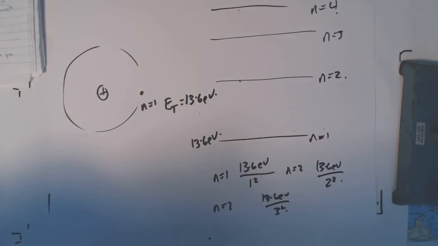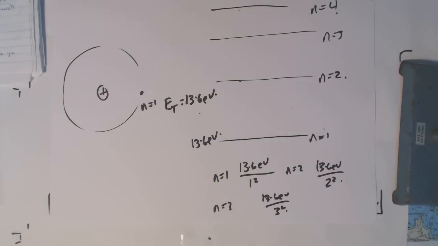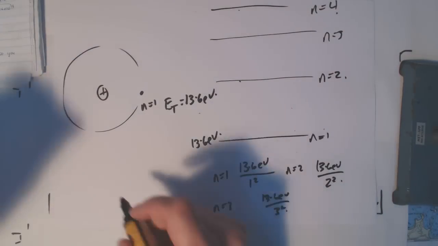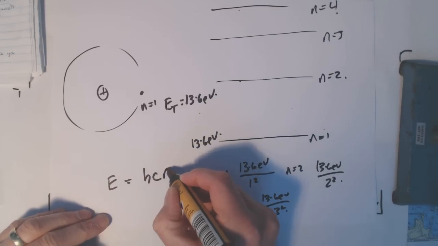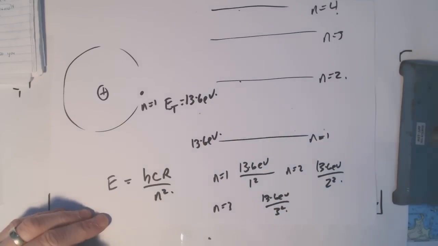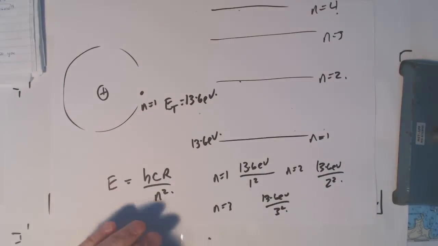And what you will see in your homework is this formula, which is that E equals hcR all divided by n squared. So if you work out these numbers, they come out the same.